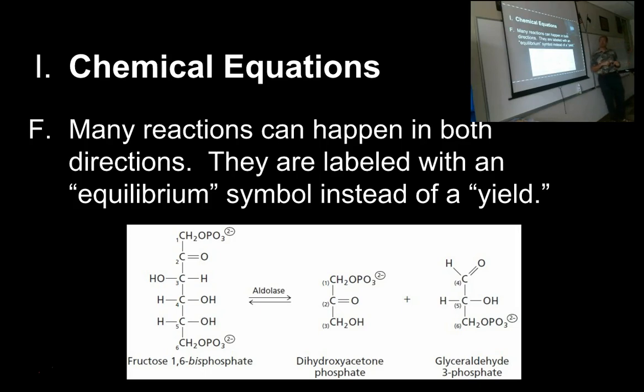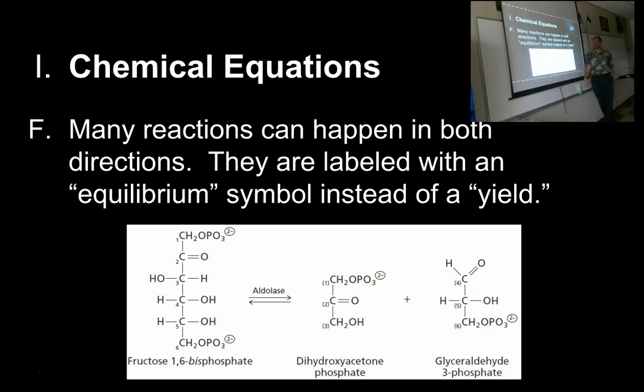We use instead an equilibrium symbol, which has an arrow going in both directions, saying that these reactants, or this reactant, can turn into these products. And these products can react with each other and go back this direction and turn back into this thing.